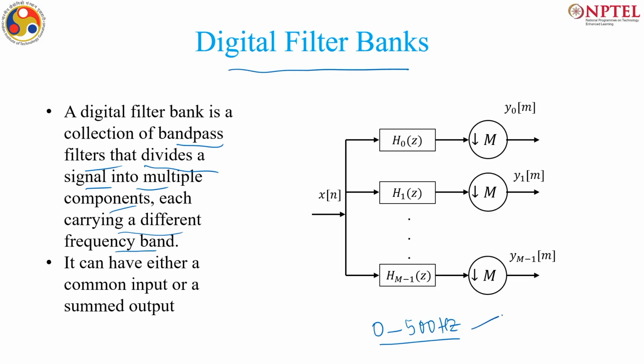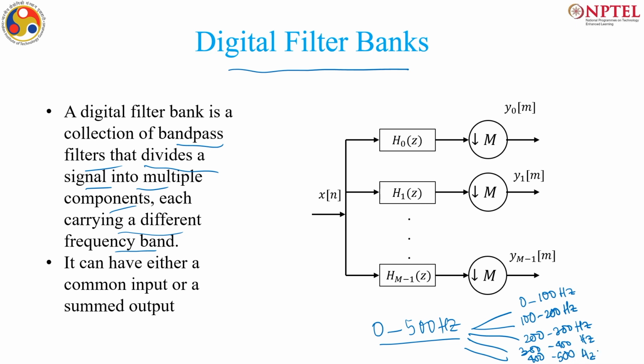So, I can reduce this to 5 filters each operating at 100 hertz bandwidth. This one takes care of 0 to 100 hertz, this is 100 to 200 hertz, this is 200 to 300 hertz, this is 300 to 400 hertz, this is 400 to 500 hertz.